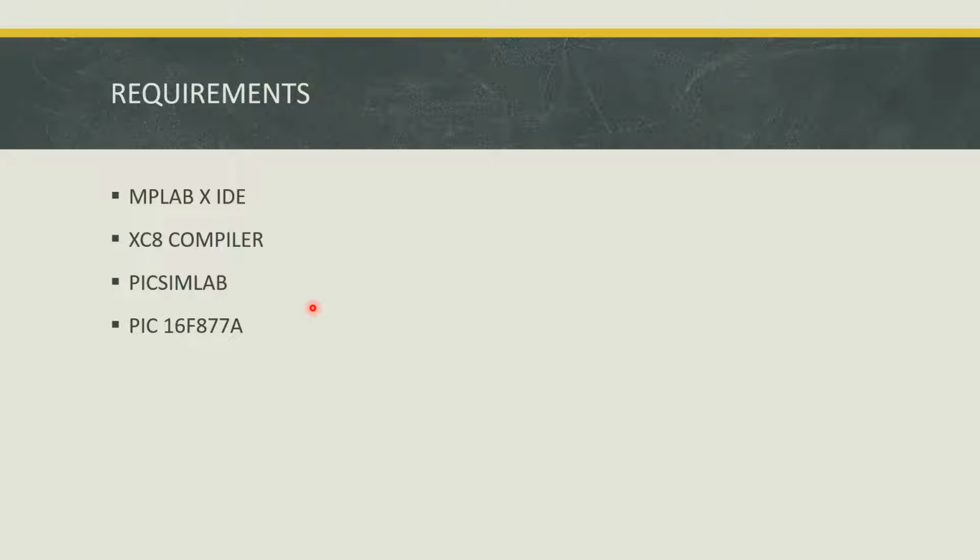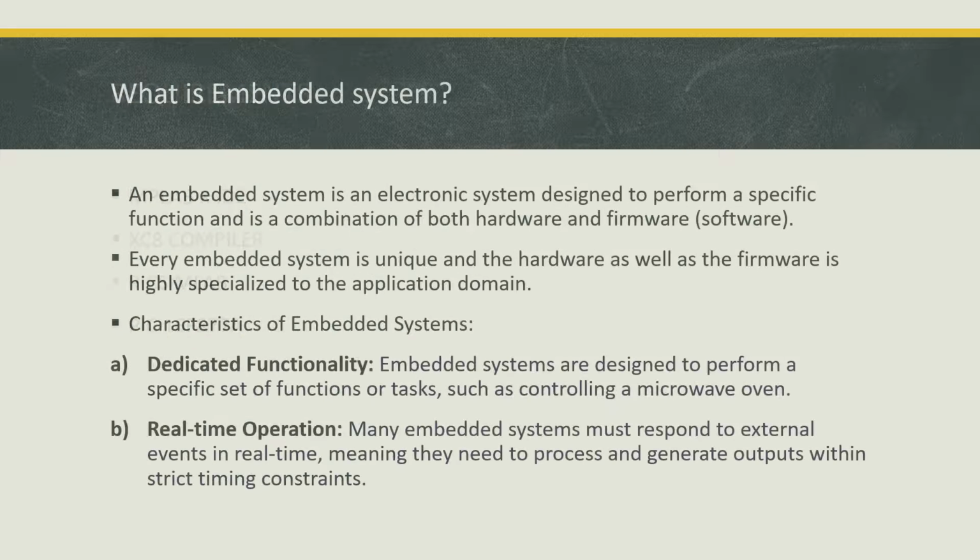The requirements for the project microwave oven are MPLab XIDE, XC8 compiler, PicSimLab, and PIC16F877A. So coming to what is an embedded system. An embedded system is a combination of software and hardware for a specific function.